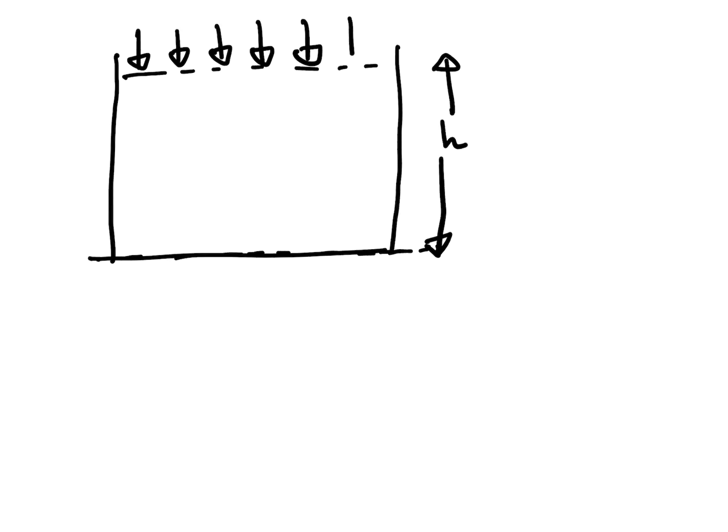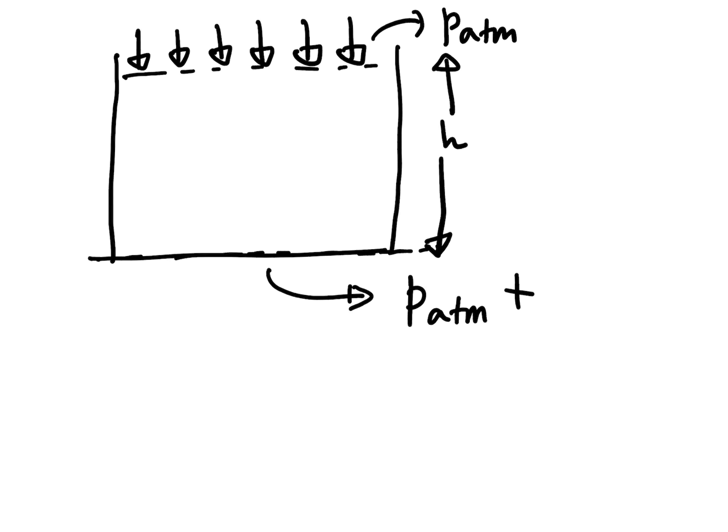So the pressure over here is P atmosphere. The pressure at this level, we did this type of calculation in the previous video, is P atmosphere plus rho, or density of the fluid, times g times h.